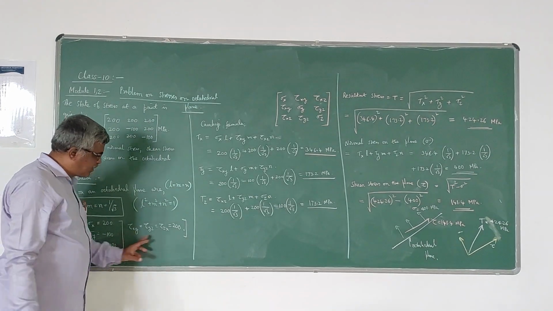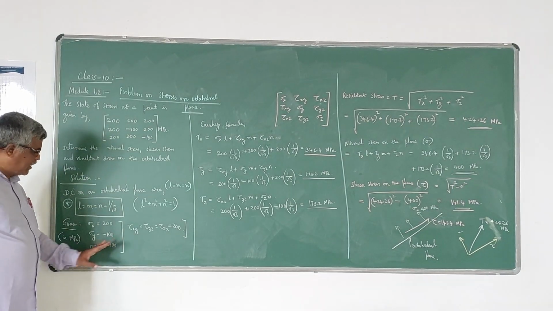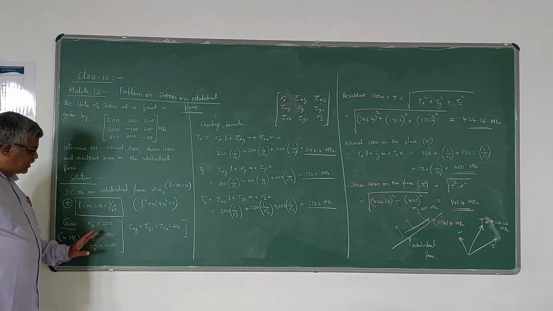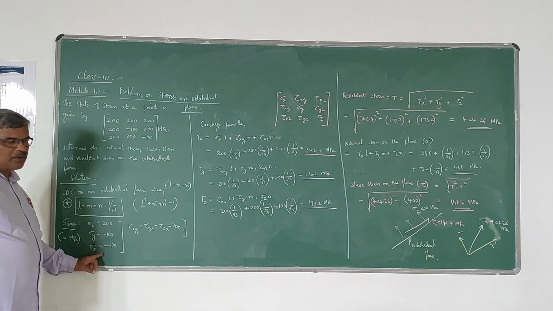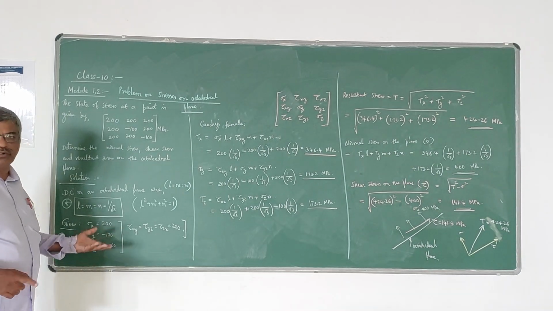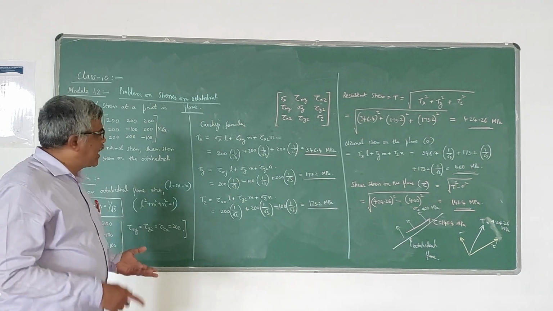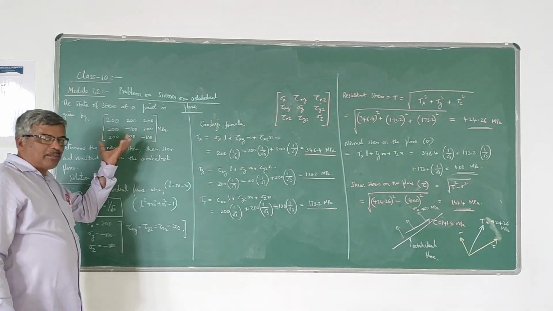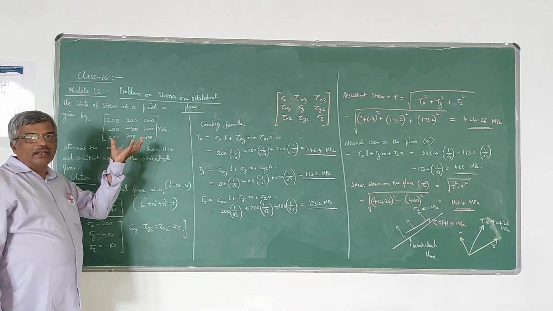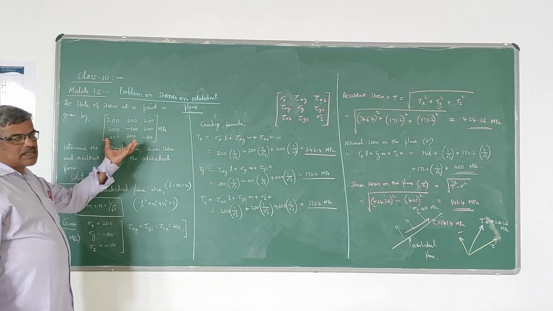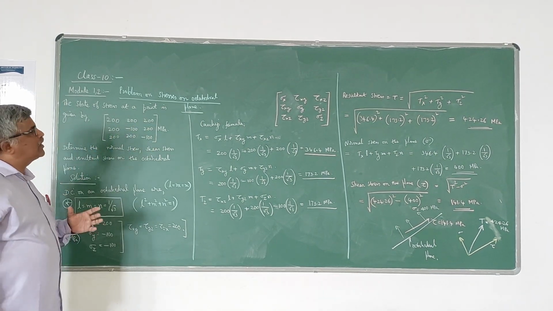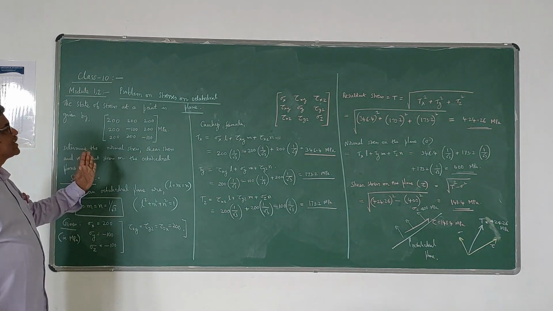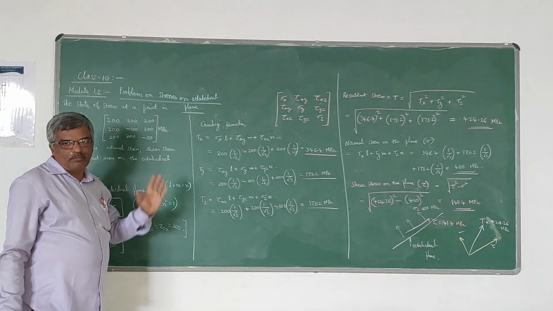So all three shear stress values are equal, and the normal stresses are like this. Here a positive value gives tensile stress, and a negative value shows compressive stress, so we are not worried about the nature. At a point on the octahedral plane, the stress tensor is defined like this in a three-dimensional stress system. Now he has asked to find the stresses on this octahedral plane.